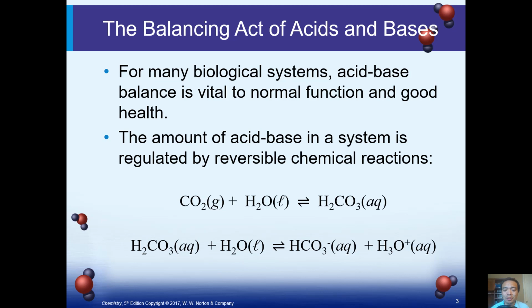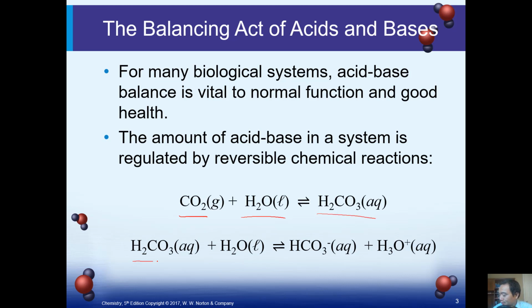For many biological systems, including humans, acid-base balance is vital to normal function and good health. Blood is regulated by the amount of carbonate and bicarbonate dissolved in it. Here, we show the balanced equation of this system. When carbon dioxide dissolves in water, it forms carbonic acid.